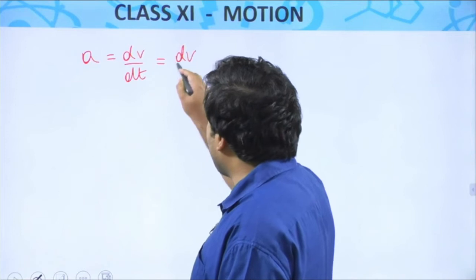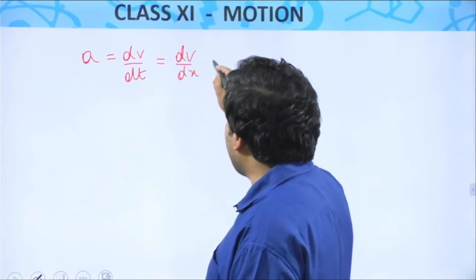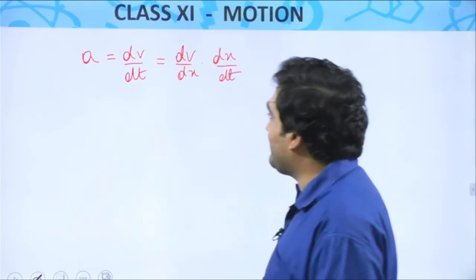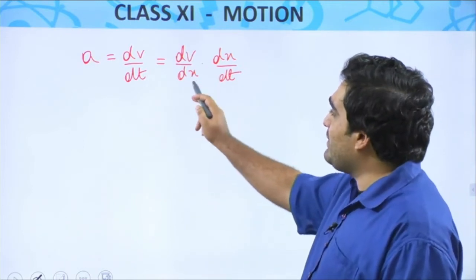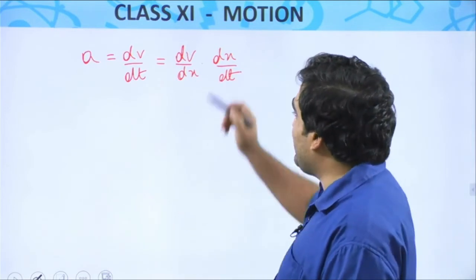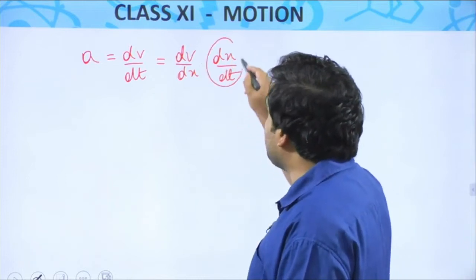Now dv by dt can be written as dv by dx times dx by dt. You see that what I've done is multiplied and divided by dx, and I've written it as dv by dx and dx by dt. Why?